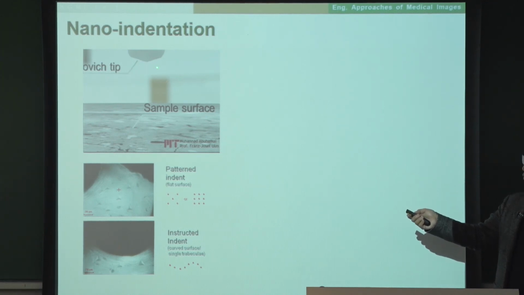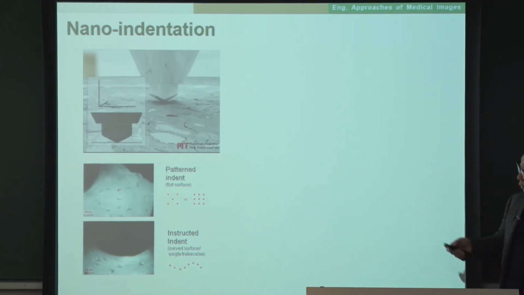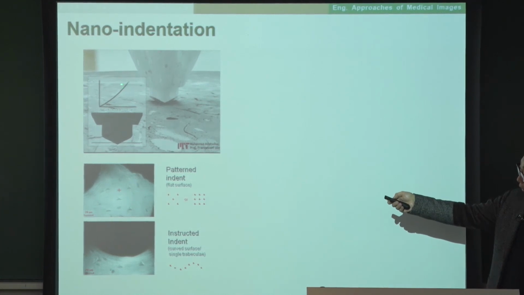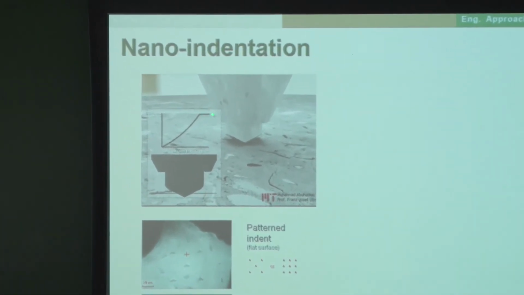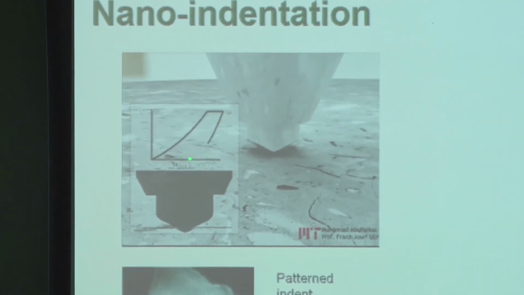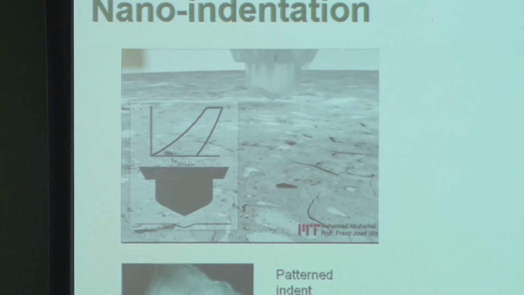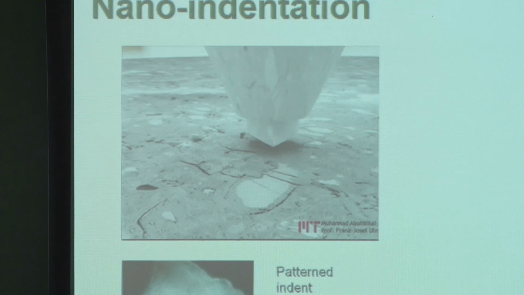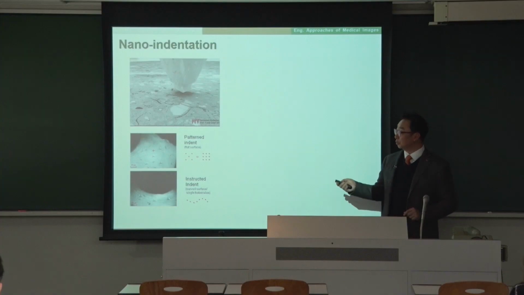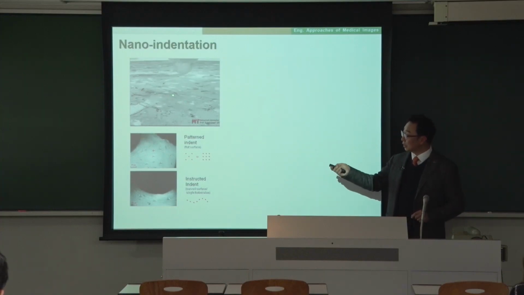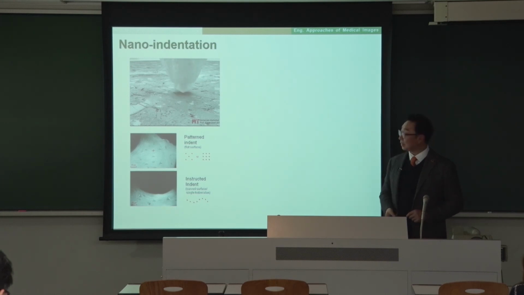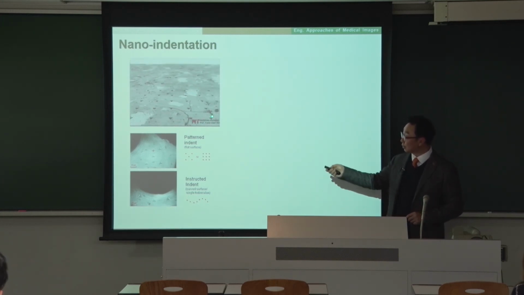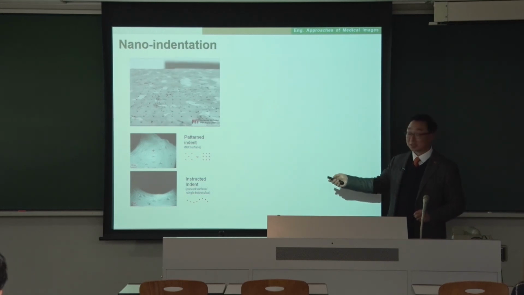What you do is just indent. You're loading, indenting, holding, and unloading. This is the very simple, very well-known, typical rationale of nanoindentation. You do this on the surface, and you can indent with different patterns. You see that? There are many indentations in different patterns.